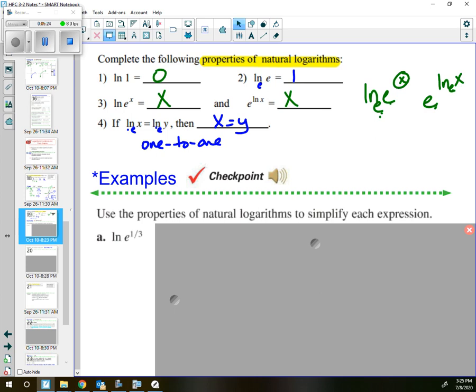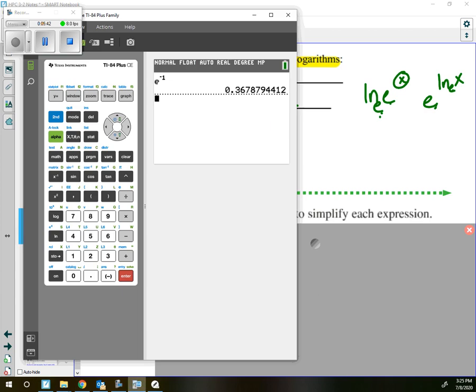All right, so ln of e to the 1/3. See if you can figure out what property that looks like. Looks like we're dealing with that third property here. So ln of e, remember this is base e, they undo each other. So this should be equal to 1/3. Now, if you ever wanted to check it on your calculator, you sure could. I'll clear this.